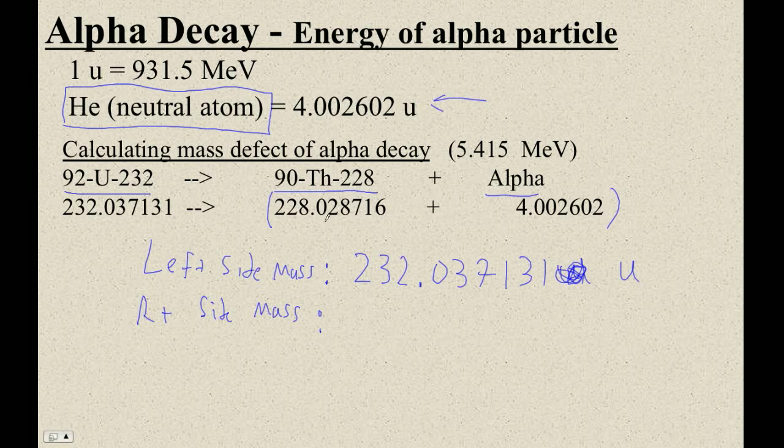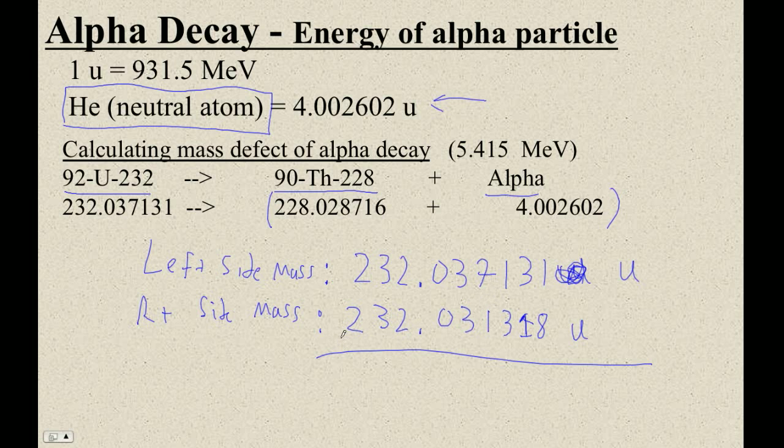When I add this number to this number, I get 232.031318. Notice that this is less mass, notably by that digit there.